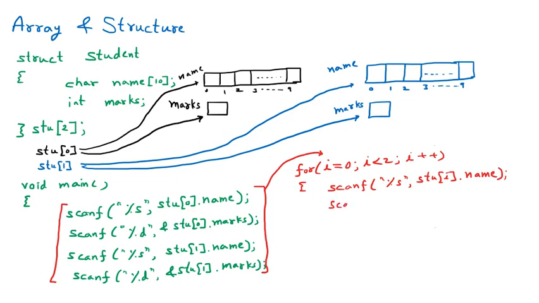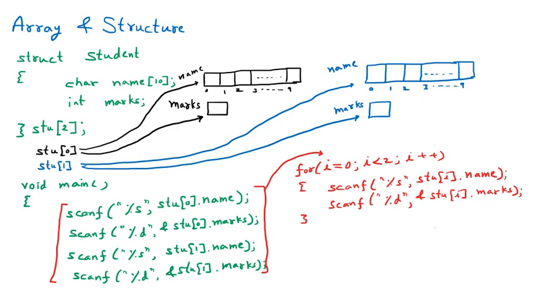Similarly, we will take scanf %d, comma and address of stu I. Now this I will become 0 and 1 for the values of I, and dot marks. So this is where we can take the input.